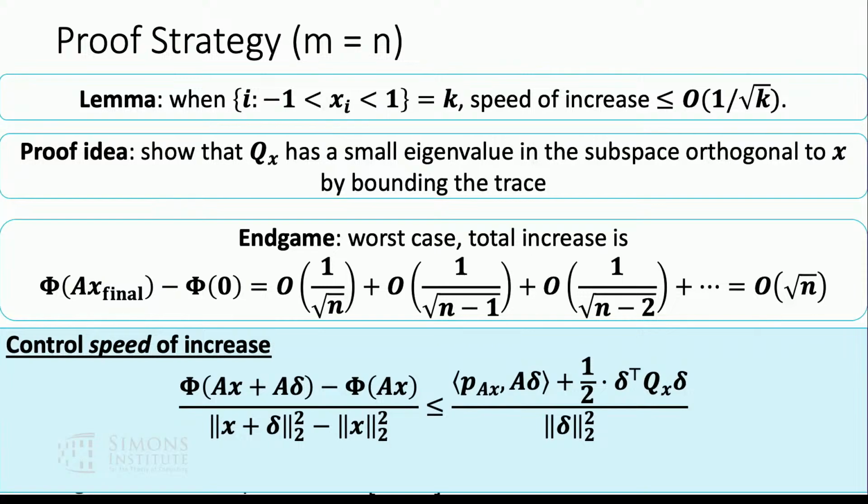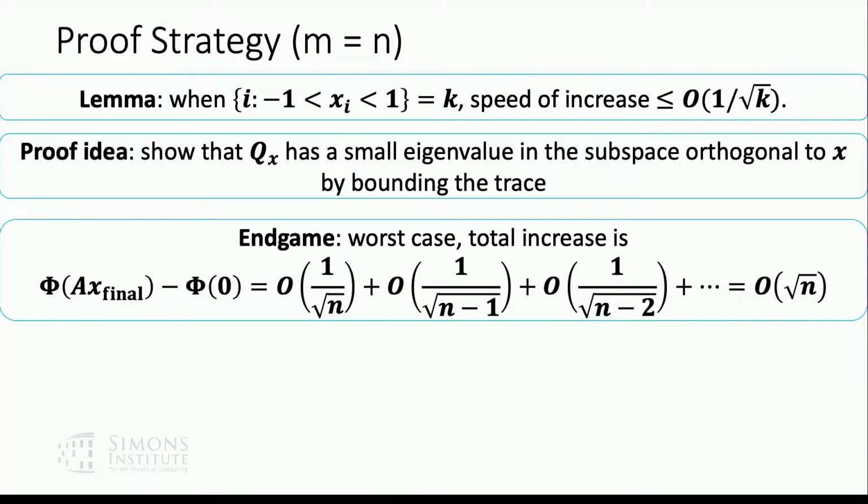So in the worst case, the increase in my phi is going to be at most order 1 over root n plus 1 over root n minus 1, and so on. And this is about order square root n. So from the beginning to the end of the algorithm, my smooth approximation to the maximum function has increased by about order root n.